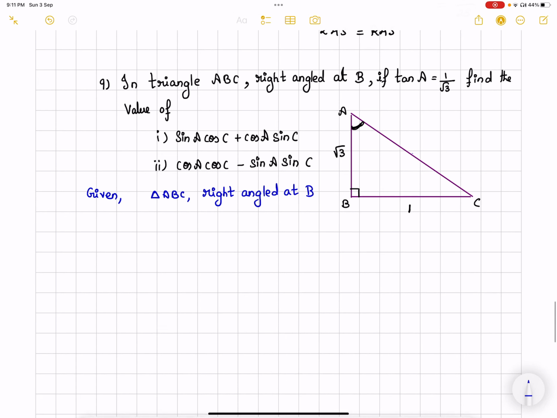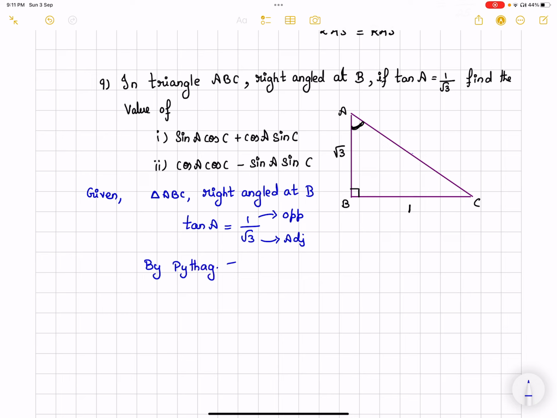Right angled at B, then tan A is equal to 1 by root 3 has been given. 1 is my opposite side, root 3 is the adjacent side. This information is just for our understanding of writing. No need for you guys to show with arrow mark. By Pythagoras theorem, once you show it in the diagram, that is sufficient.